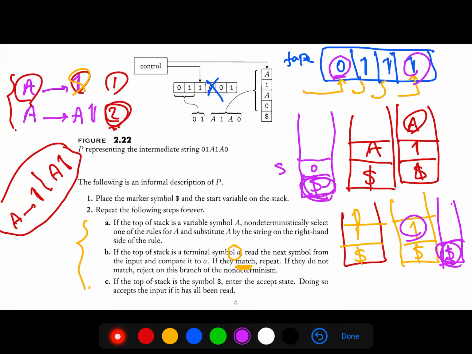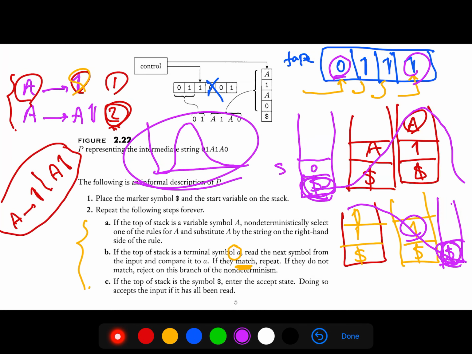I start from here and then I reached here. So the trajectory of the height of the stack was like this. It was increased like this, and then decreased. So this is the graph of that.